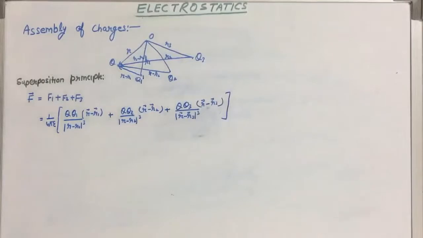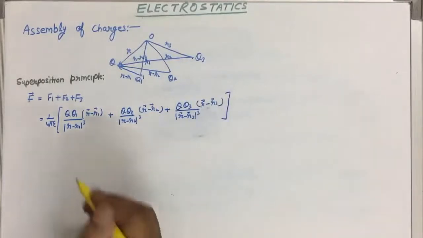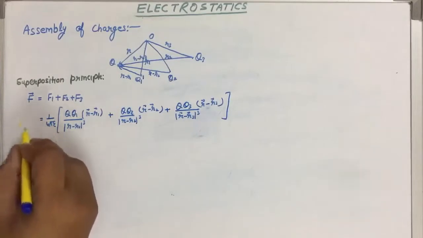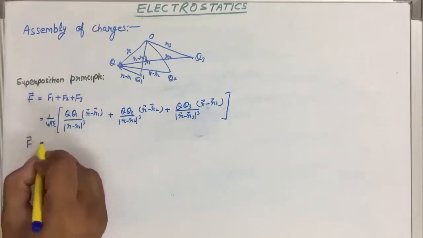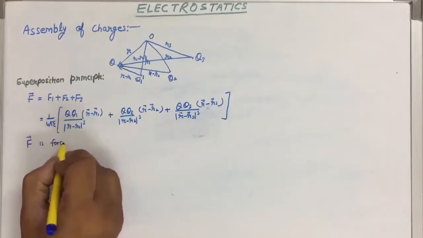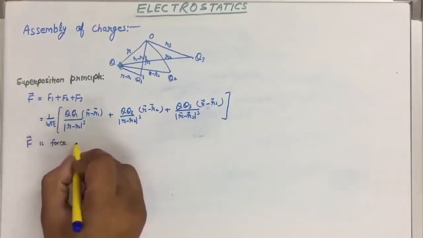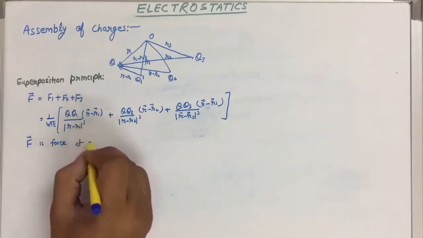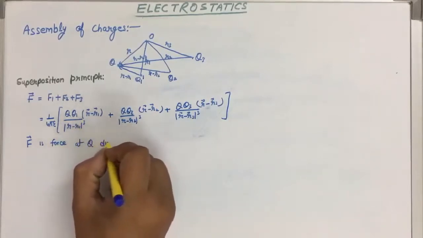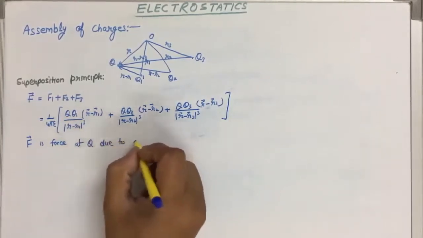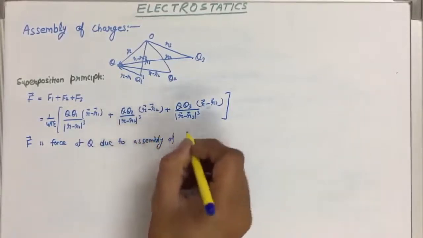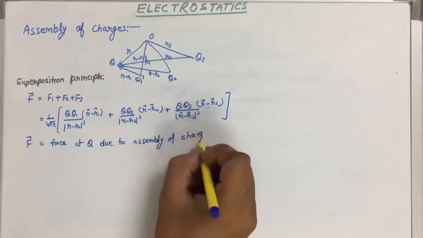Now in this way force due to assembly of charges is given here. This F is force at Q due to assembly of charges.